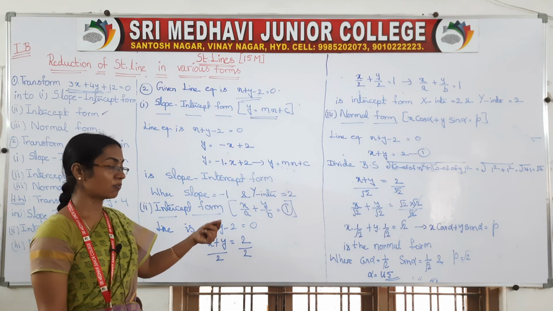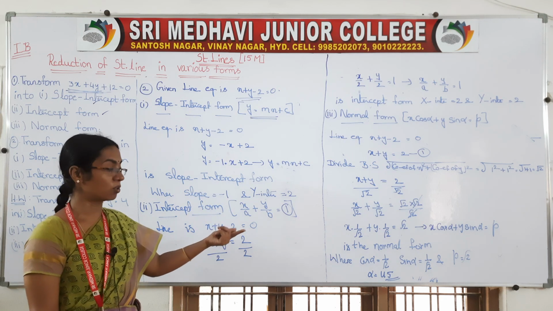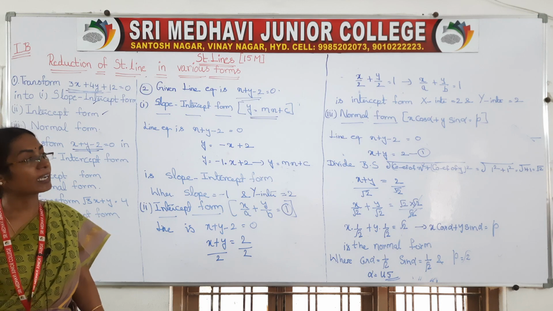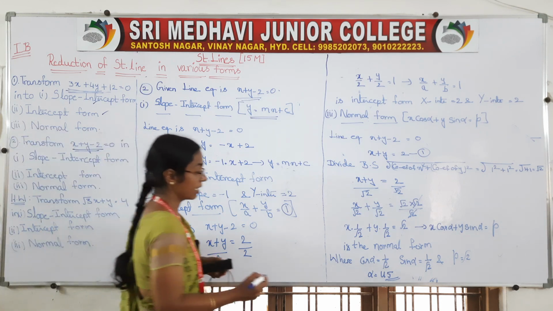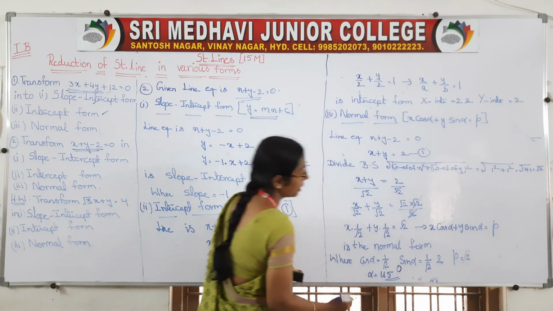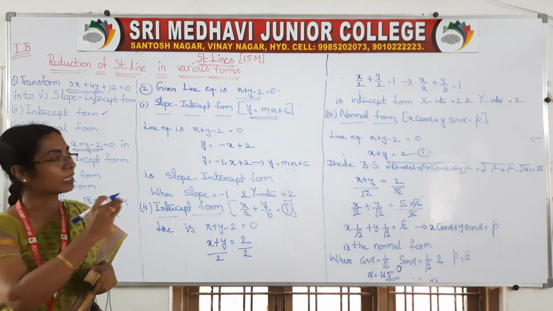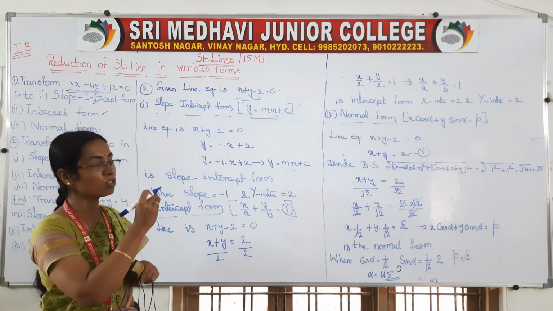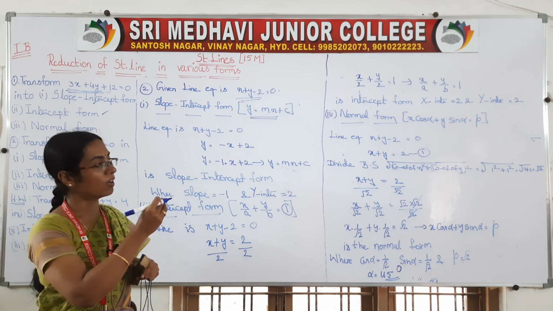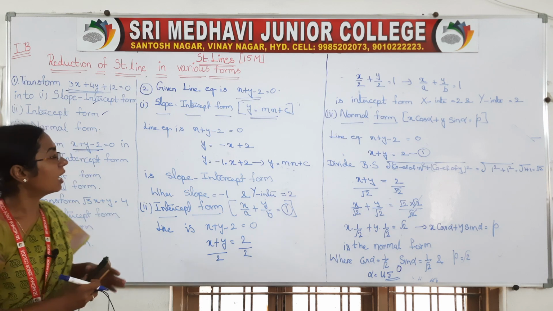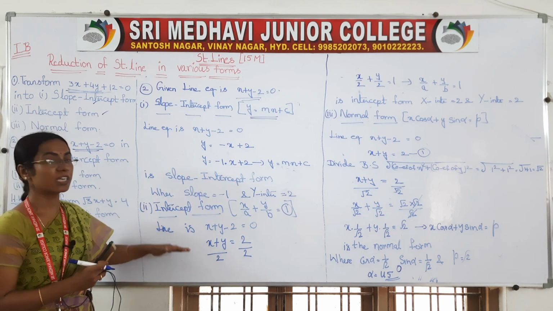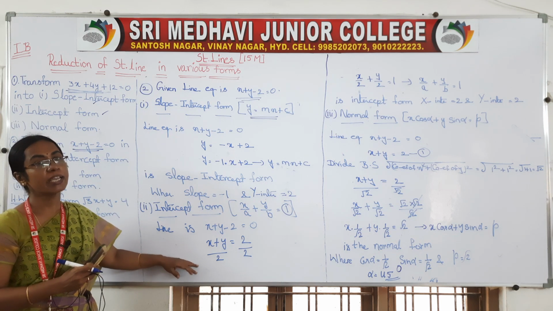We know that cos 45, sin 45 is 1 by root 2. So the angle alpha made by the line is 45 degrees. Normal form is a little bit lengthy, and you should be careful and conscious while doing the problem. The slope intercept and intercept forms are very, very easy.